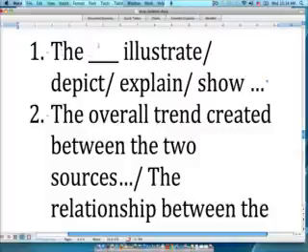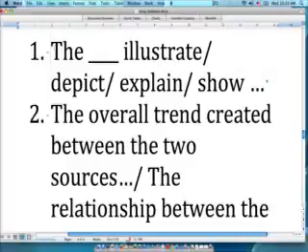If it's a graph, we say the graph, and if you have two sources like we do today, we would maybe say the diagram and graph illustrate, and then whatever it is that they're talking about. Today we're referring to the average use of water in Australian homes in 2004. So we would say something along the lines of: the diagram and graph illustrate water usage in the average Australian home during the year of 2004. Or, we don't have to use illustrate, we could use depict, explain, show, some of these sorts of words.